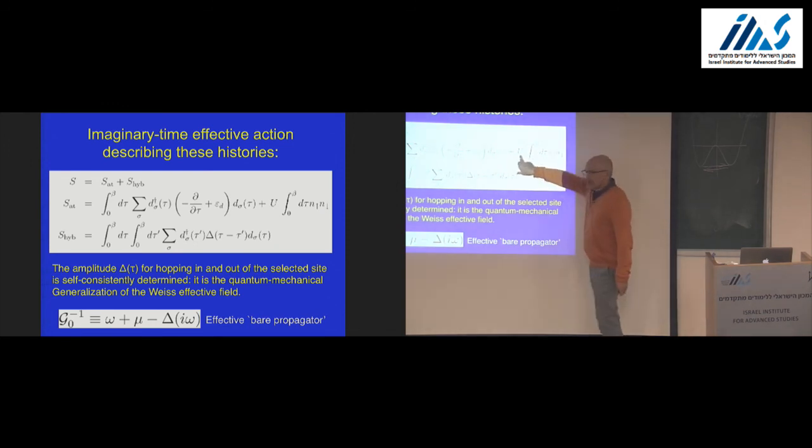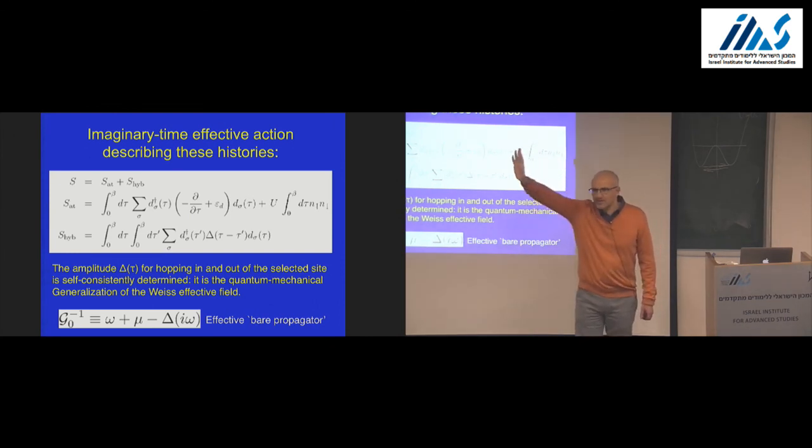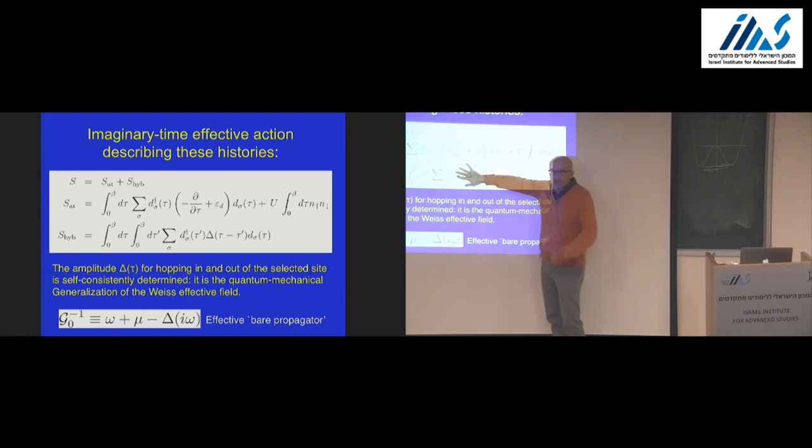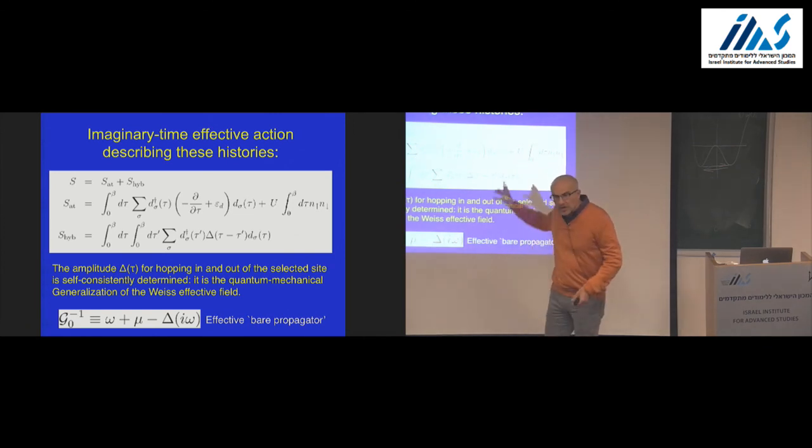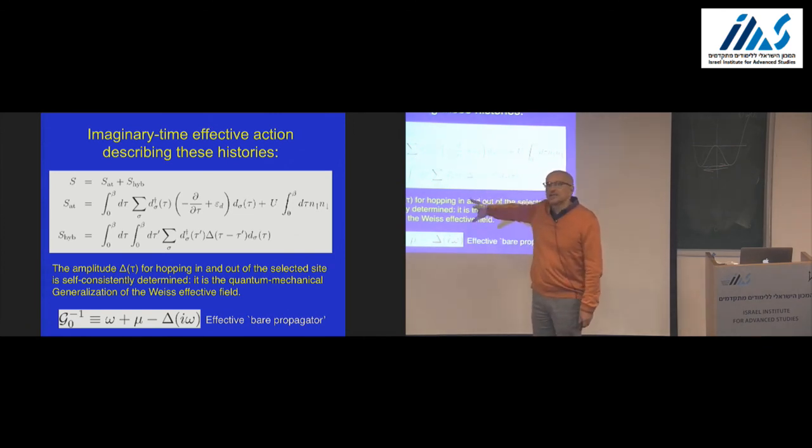Yes, U appears here. In the previous context, where the reservoir was given to us by the physics of the problem, delta was given to us, and it was something that had nothing to do with U. Now delta is self-consistent. We have to write another equation, which is not on this slide, to determine delta.